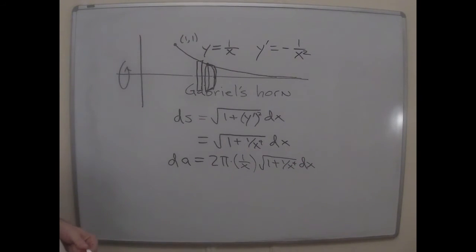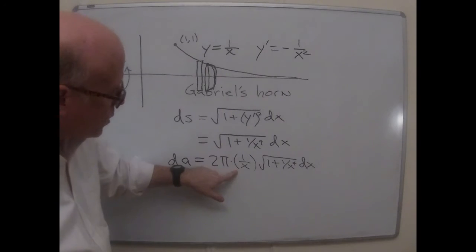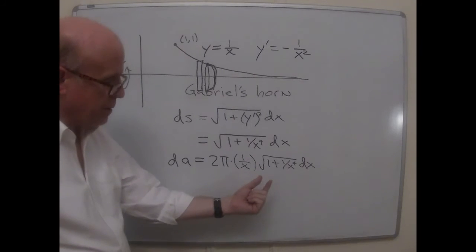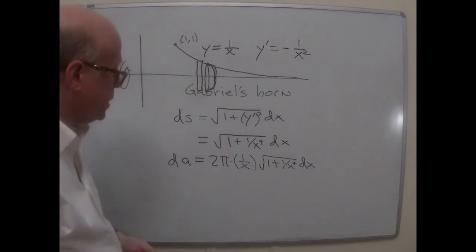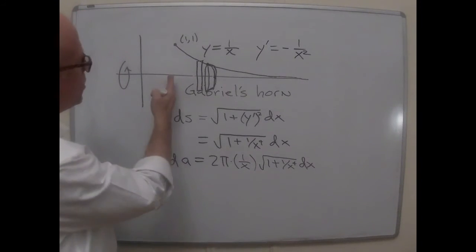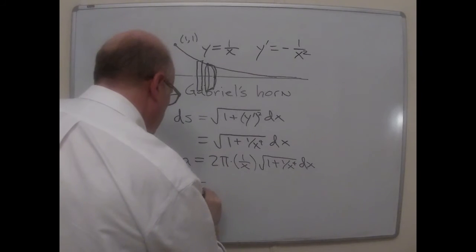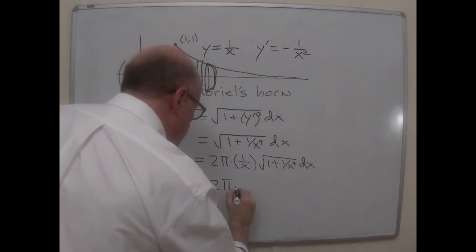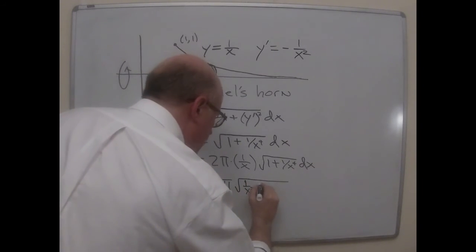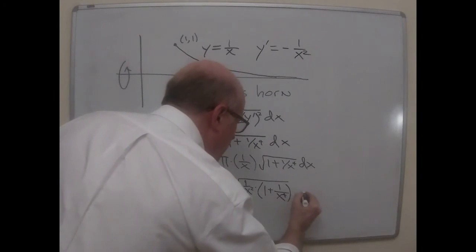Okay. Now, I believe I got this far in class before. We just need to move this 1 over x under the radical to take something that's outside of a square root and put it inside. You need to square things so that you don't change it. You do need to worry about not introducing something negative under the radical, but we're dealing with x values that are 1 and larger, so that's not an issue. Okay, so we get 2 pi square root of 1 over x squared times that other stuff, 1 plus 1 over x to the 4th, and then dx.